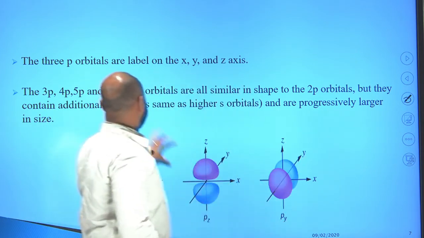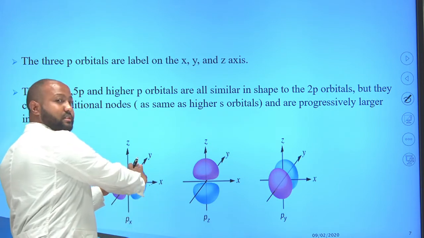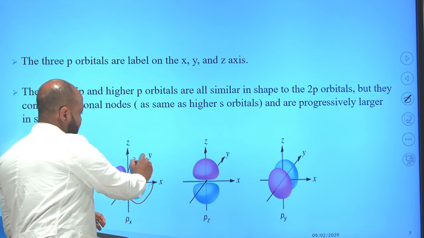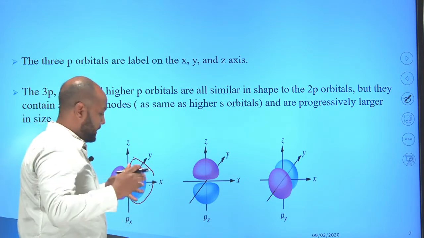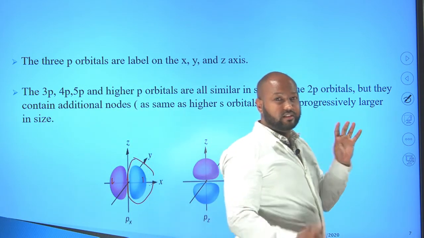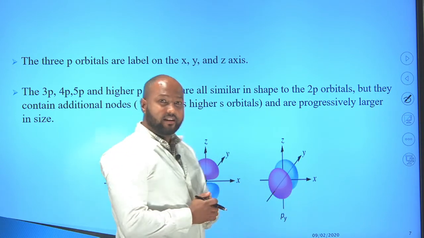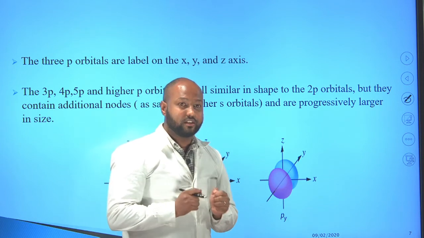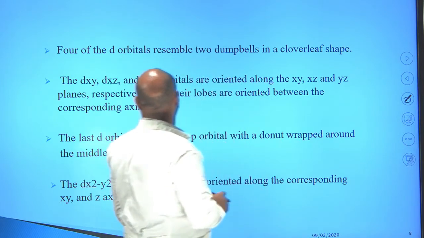But when the principal quantum number becomes higher, only their lobe size increases and their nodal value increases. That's their only difference, apart from orientation, but these 3 orbitals have the same energy. They are called degenerate orbitals.